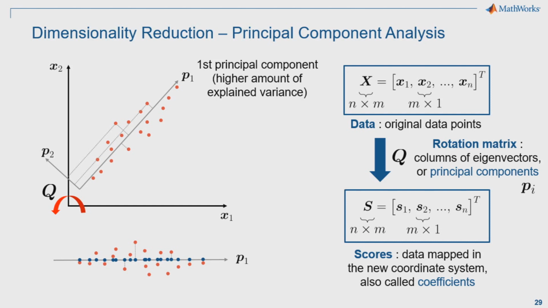So projecting the red dots along P1 gives exactly the blue dots as I have drawn. And this gives us the possibility, if we neglect part of these axes, as we did below, just taking into consideration P1, to reduce the dimensionality of the problem, considering 1 axis, for instance, instead of 2.